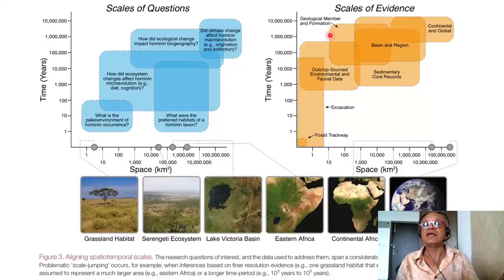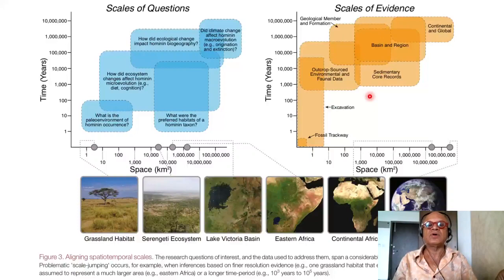Then you can have a geological member and formation, basin and region scales at different time scales, continental and global scales. So we are going up in spatial and temporal scales here, and somewhere in the middle sit our sedimentary core records as well.